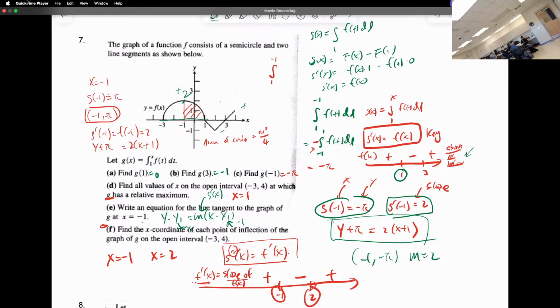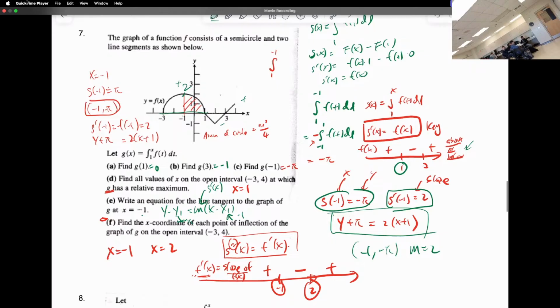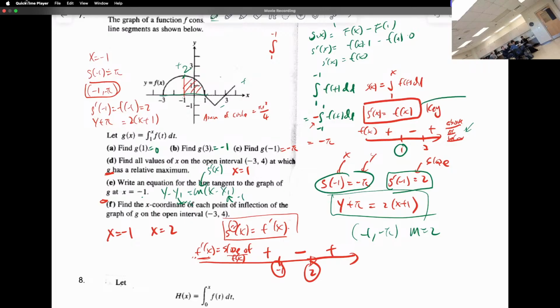The last part is the x-coordinate of each point of inflection. Well, you have to understand that if I take a derivative of g prime, that's going to give you g double prime of x, which is equal to f prime of x. If g double prime of x is equal to f prime of x, then I just look at the slope of f of x.